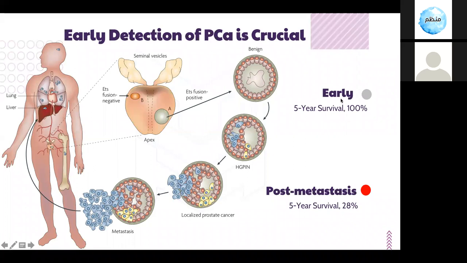And if you can detect this cancer and treat it early, before it becomes metastasized, then the patient will have a 100% chance to survive. But if it starts to metastasize, then the patient's chance to survive drops down to 28%. And this is current, this is today.